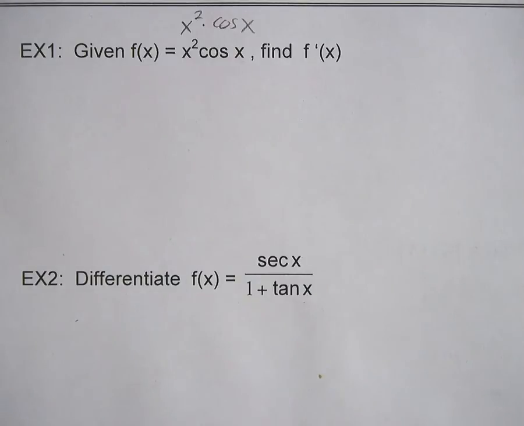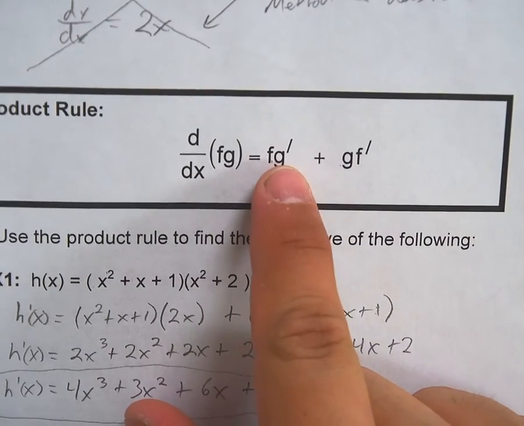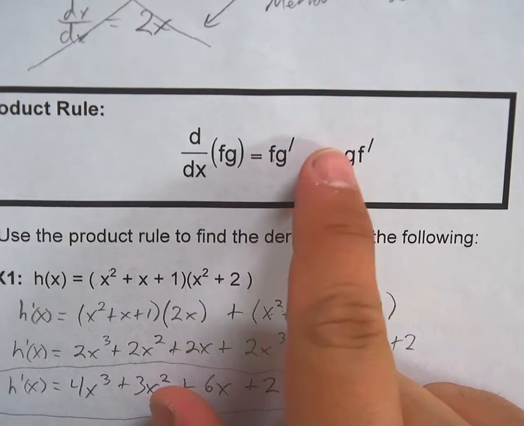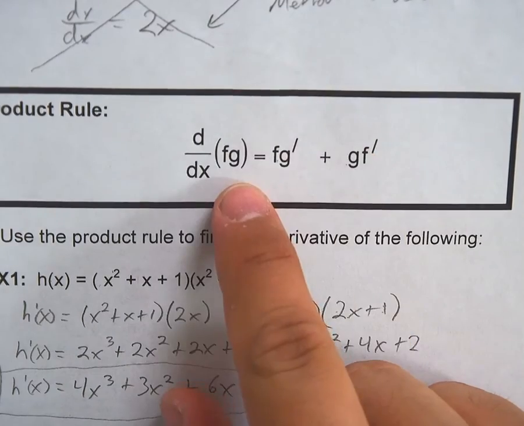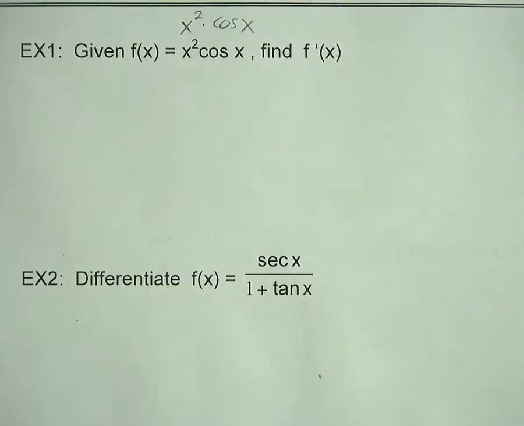When you have 2 functions being multiplied together, that means that you are going to have to use your product rule. Let me show you what that looks like again. First times the derivative of the second plus second times the derivative of the first. First d second, second d first. We're going to have to use that here.